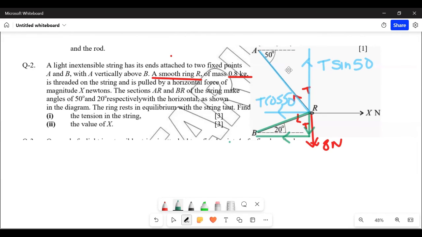I'm going to draw the left component here instead. The down component is the opposite component, so that is T sin 20. The left component is the adjacent component, which is T cos 20.